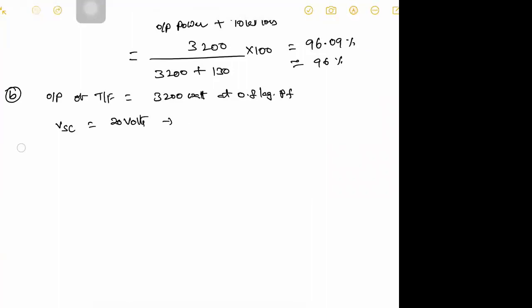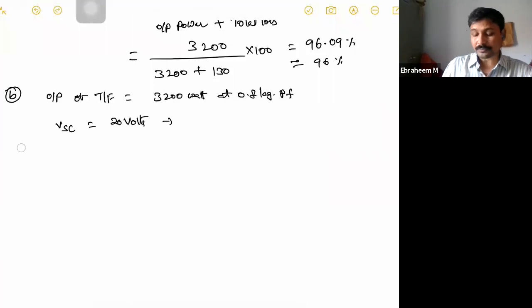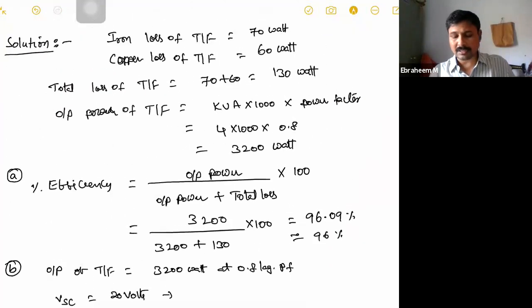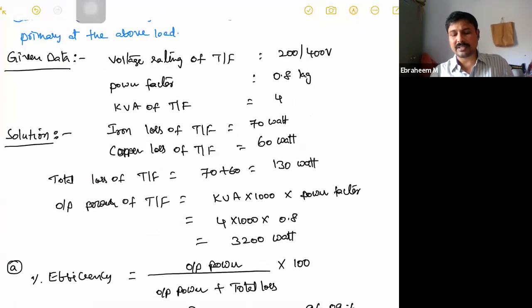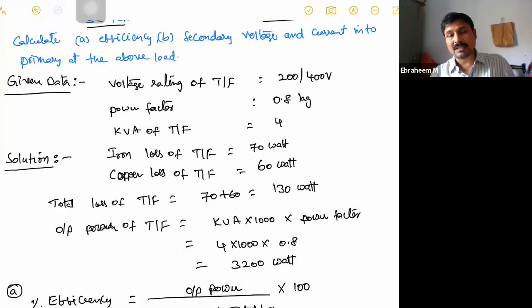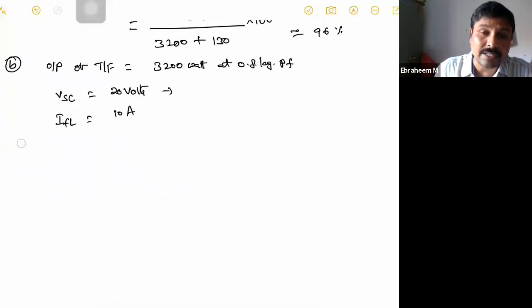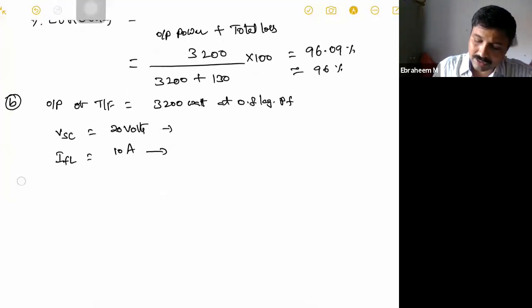Next, I full load is 10 amperes. Generally, in the short circuit test, how much current do we circulate? Full load current of the transformer. So the test is generally conducted on the HV side, right? So this 10 amperes is on the high voltage side.